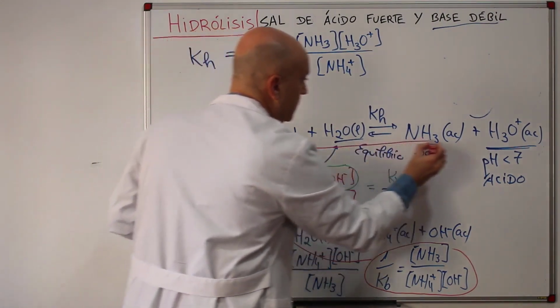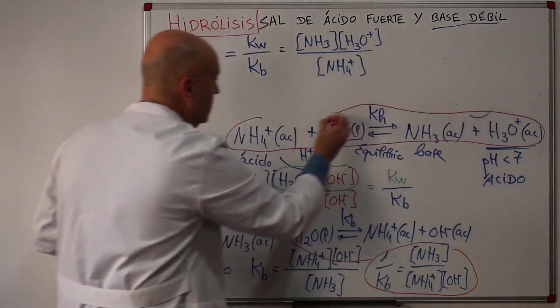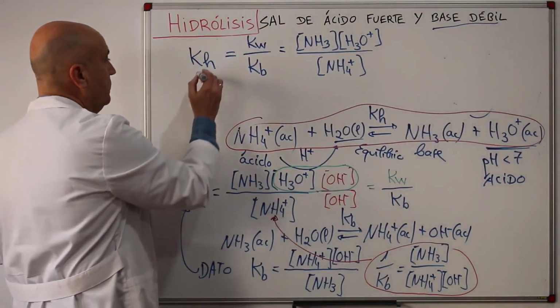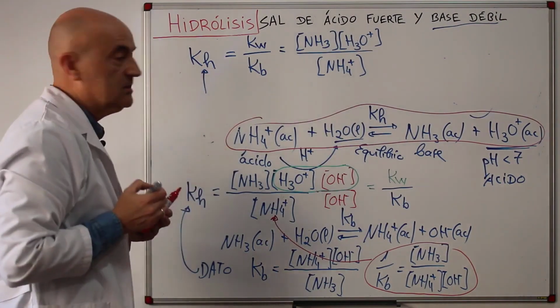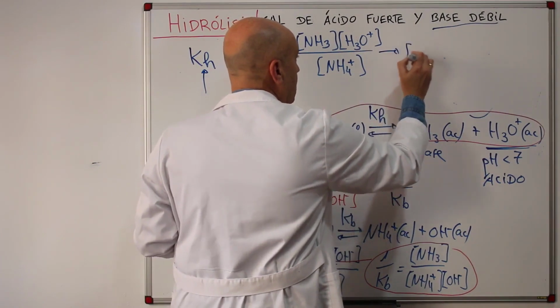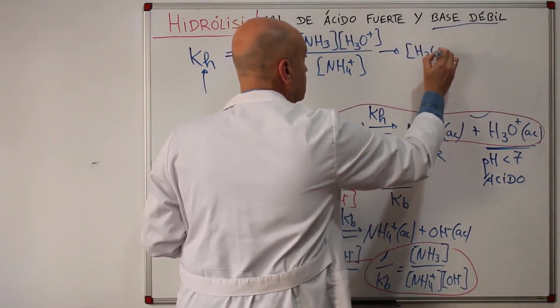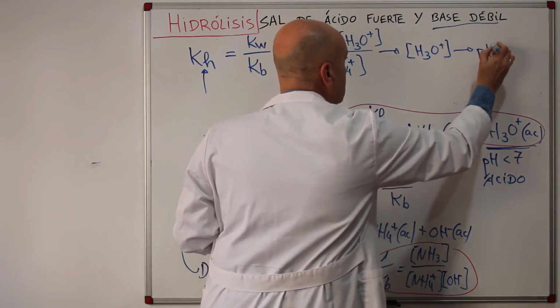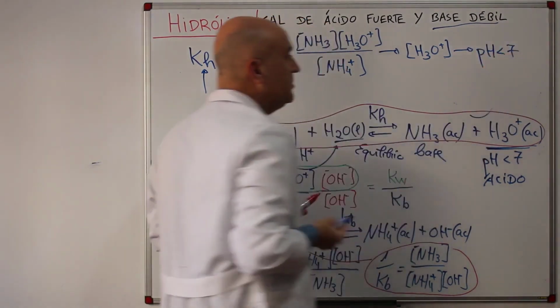If I know the hydrolysis constant and the equilibrium, I get the proton concentration, and once the proton concentration is obtained, it's straightforward to get the pH, which will definitely be less than 7.